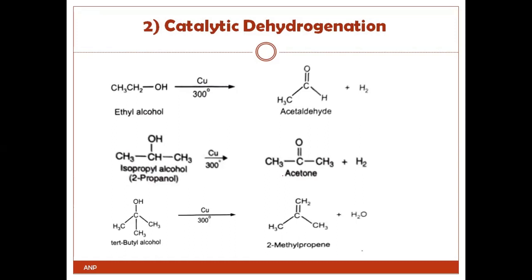So on catalytic dehydrogenation, primary alcohols lose hydrogen and give aldehyde. Secondary alcohols lose hydrogen and give ketone.